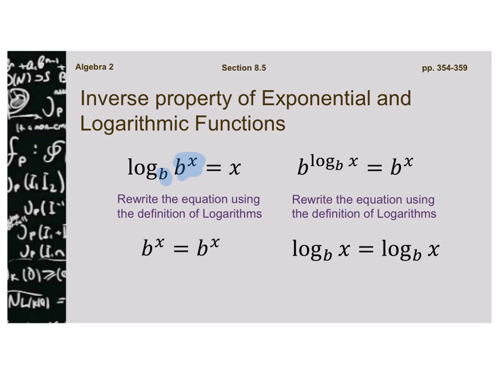The other thing we can do is rewrite this using the definition. So I have base b to the outie is equal to the innie. B to the x equals b to the x. We know this to be true, always.